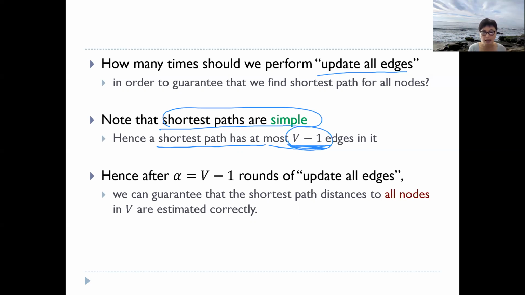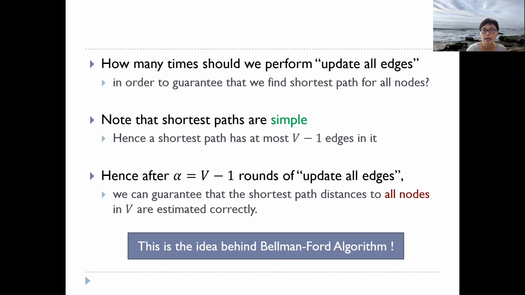That means I only need to run this iterative approach v minus 1 rounds. After v minus 1 rounds, we can guarantee the shortest path to all nodes in V are estimated correctly. And this is exactly the Bellman-Ford algorithm that I just described.